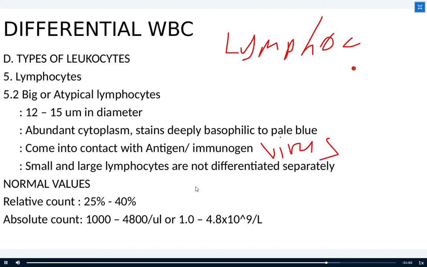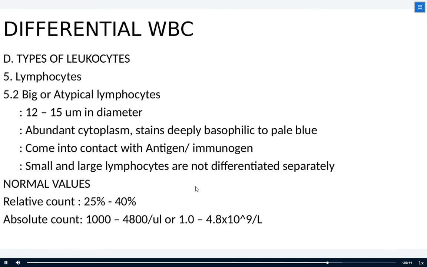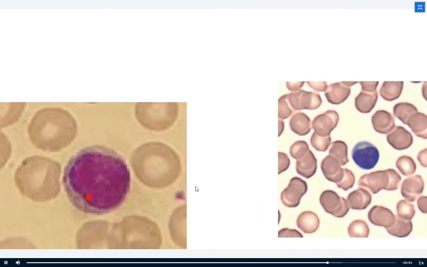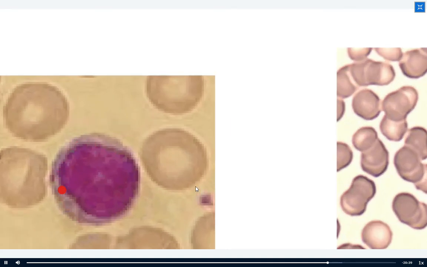Because you cannot differentiate them. So lymphocytes lang ang reporting nyo. Siya ang pinaka-second most predominant na WBC, amounting to 25 to 40% of your WBCs of differential count. So this is their appearance. So the nucleus would encompass the entire cytoplasm.